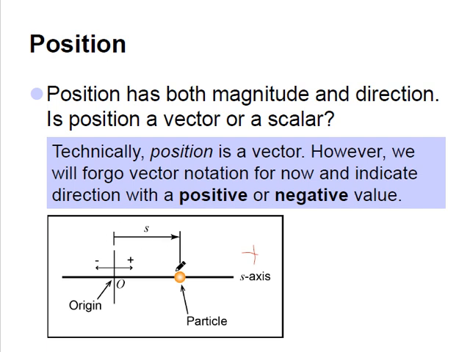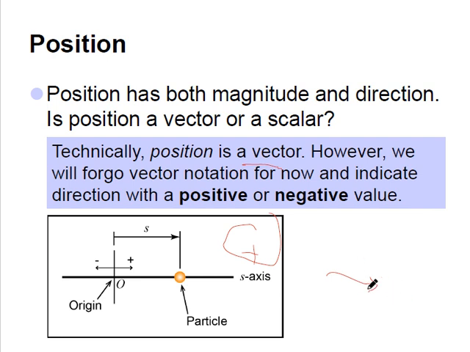So technically, position is a vector, because it includes the direction. But to keep things simple for now, we're going to skip the vector arrows. We usually use something like that for a vector.